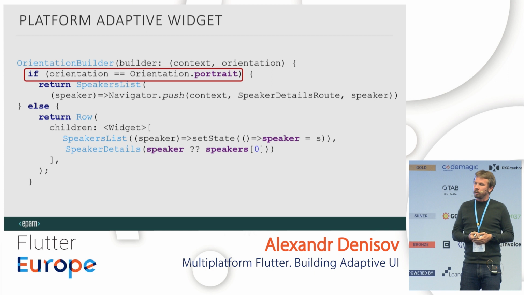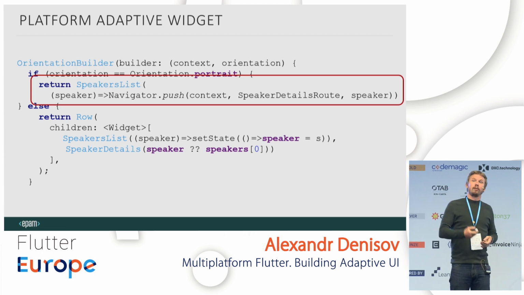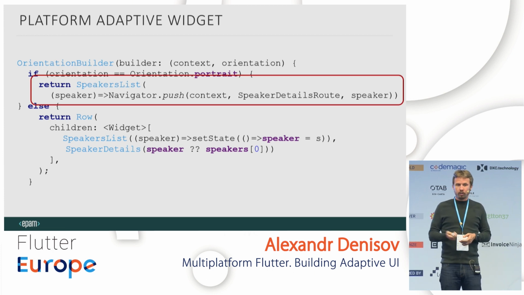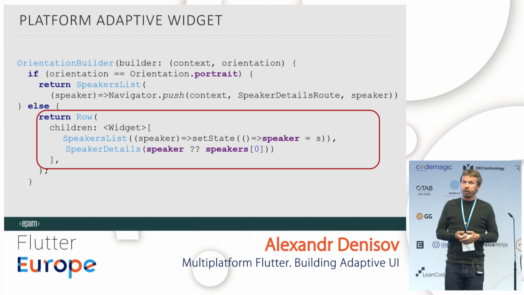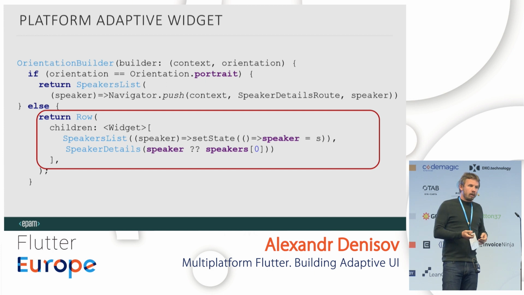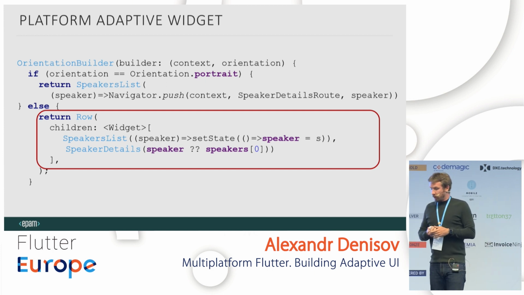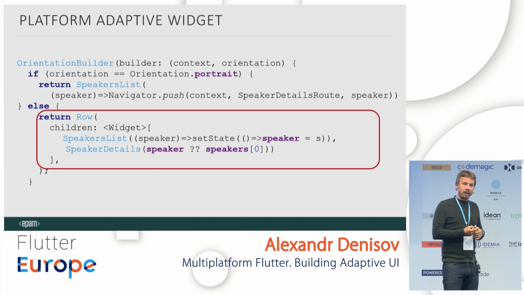We can get the current orientation in this class, and if orientation is portrait, we return only one speaker list widget, and if landscape, we return a row with two widgets, speaker list and speaker details. And as a parameter, we provide a different onTap handler.